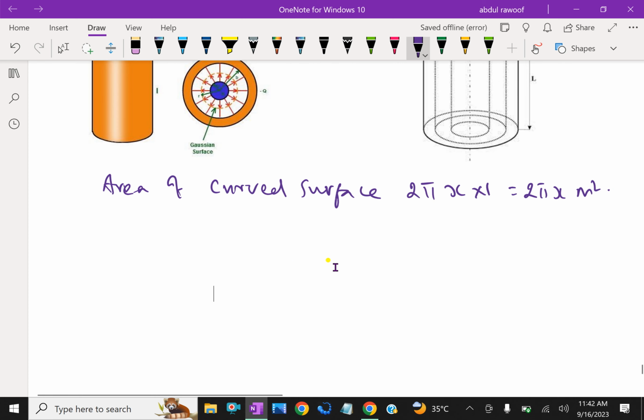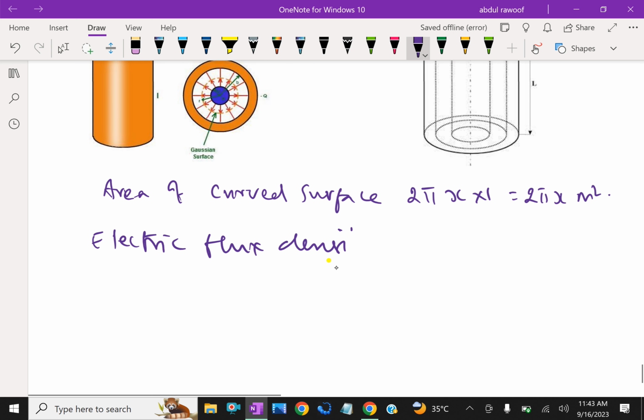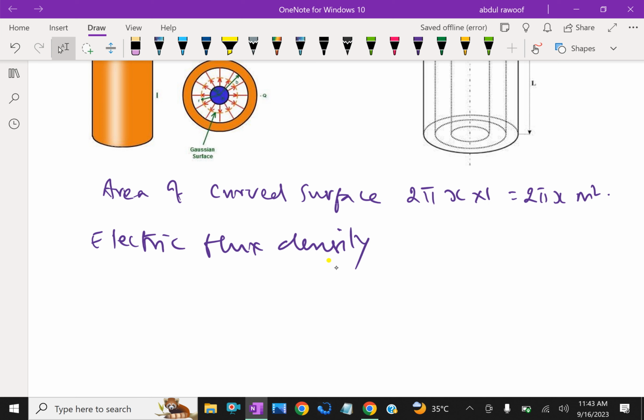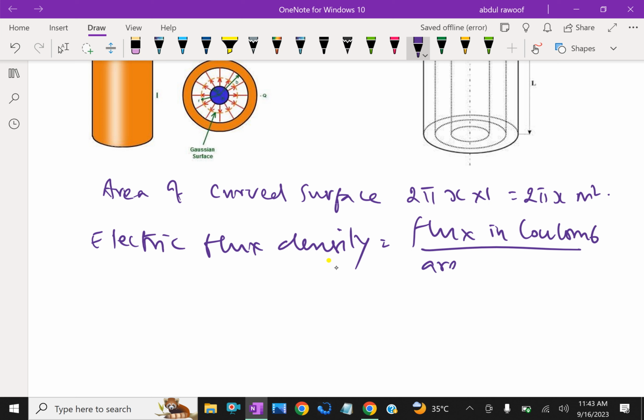Now, the value of electric flux density is flux in coulombs over area in meter square.